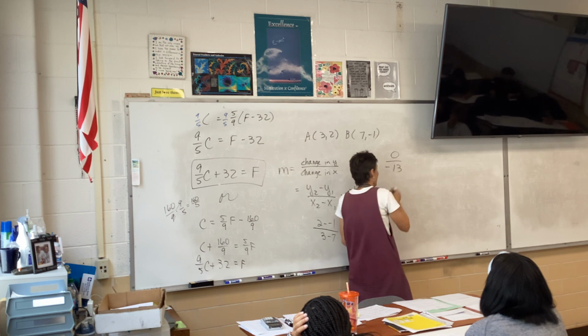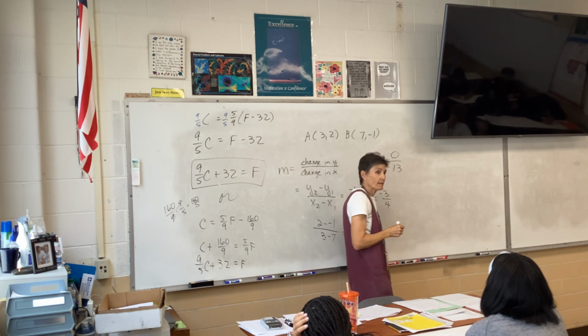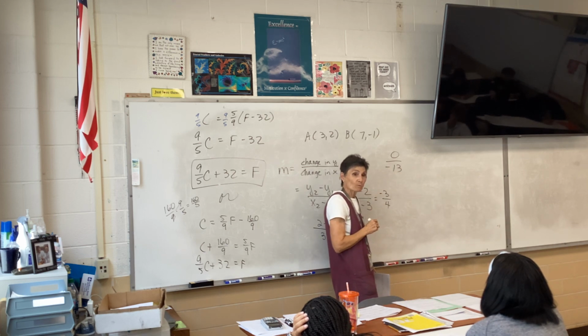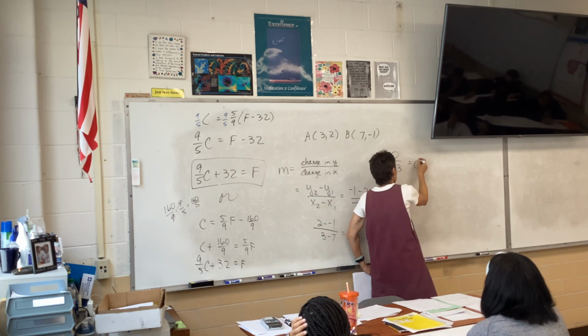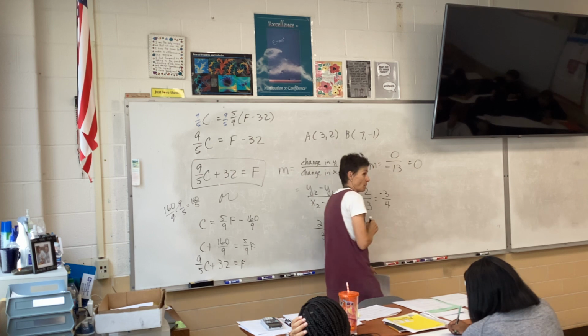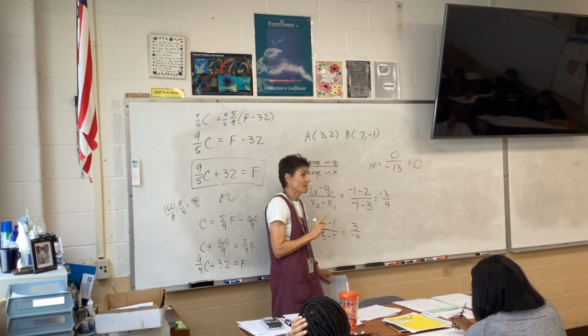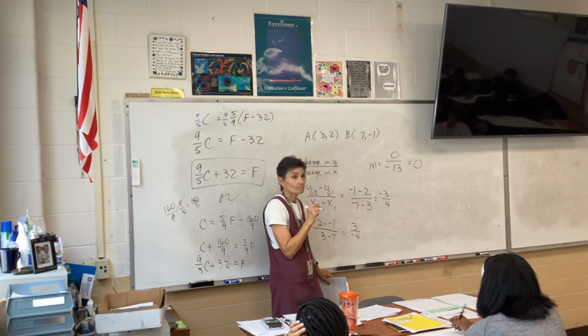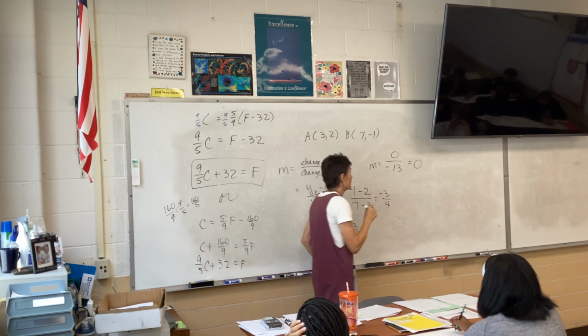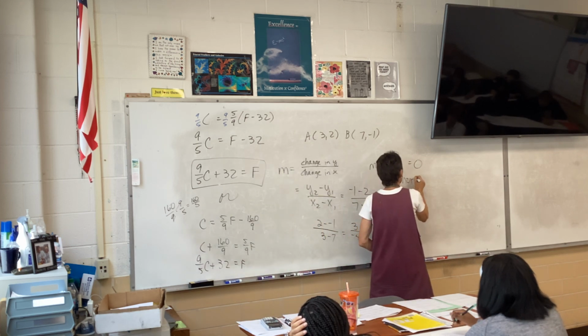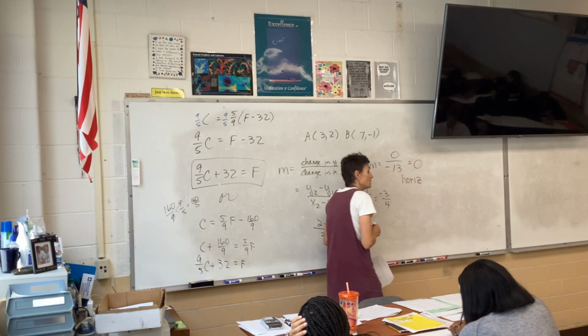Well, I don't know if that bottom number's right. I didn't work it out. I saw that my numerator was going to be 0. And when that happens, it really doesn't matter what's in the bottom because 0 divided by something is 0. So this slope is 0, which means it's what kind of a line? Horizontal. This is a horizontal line.